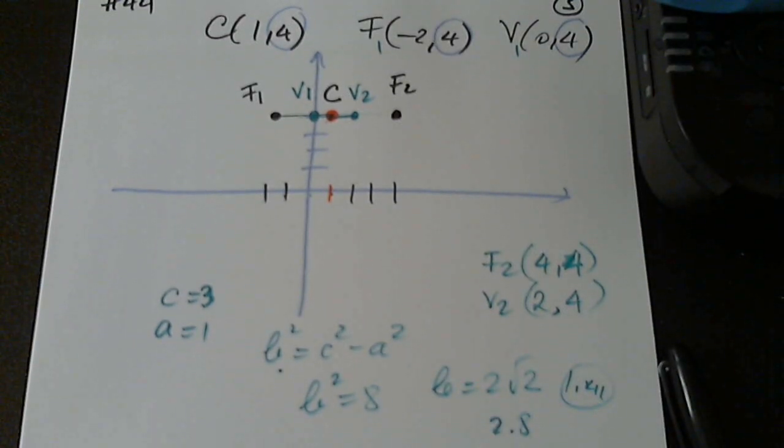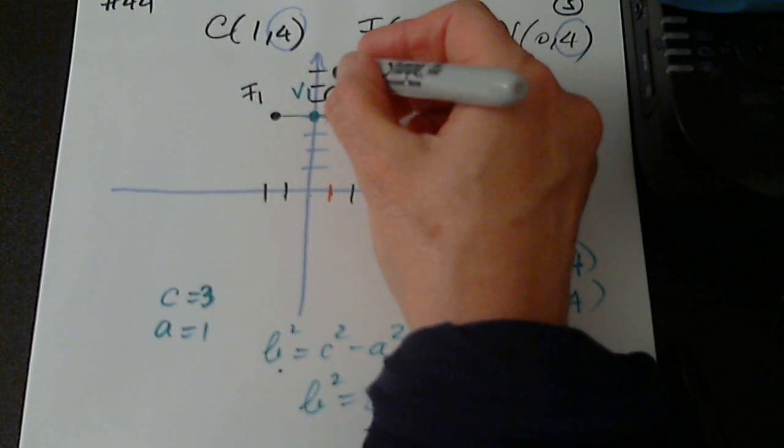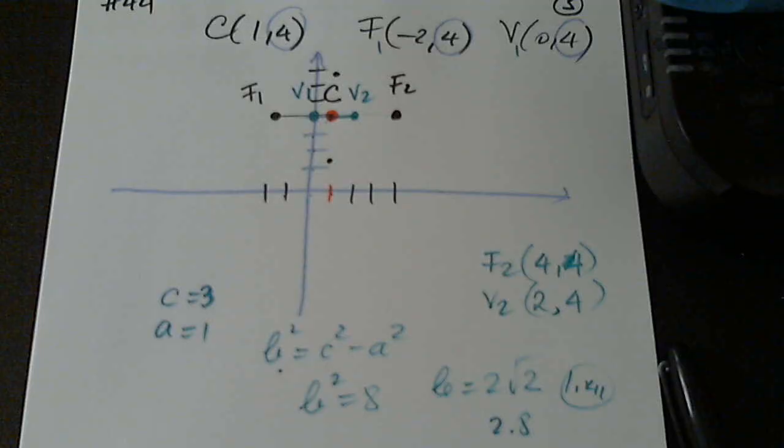So 2.8 left and right, up and down from the center. So we go 1, 2, 3 units up here, and 1, 2, 3 down here. Now I have the rectangle.